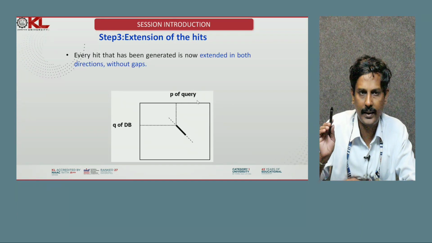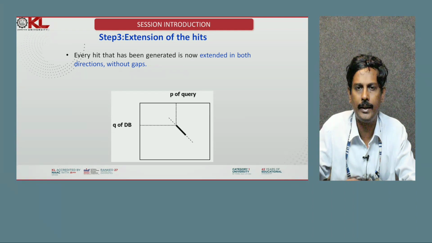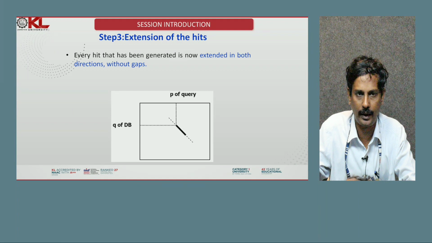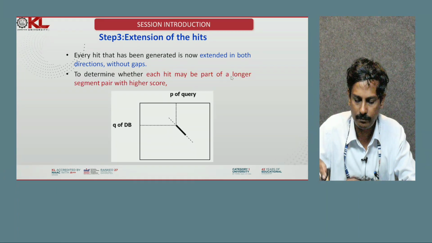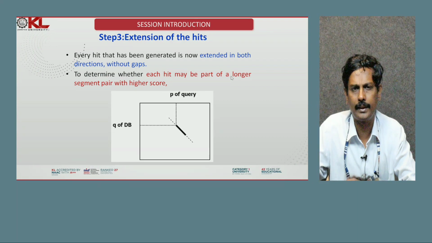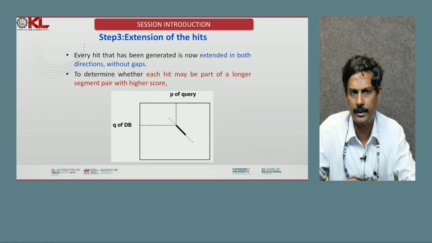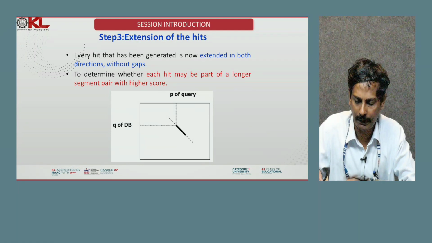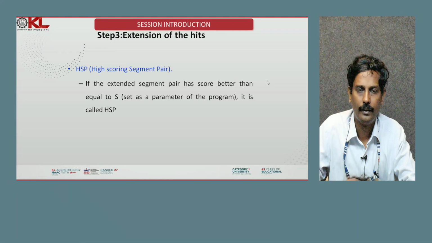Every hit that has been generated is now extended in both directions without gaps. Remember, this is without gaps, to determine whether each hit may be part of a longer segment with a high score. This is the high scoring segment pair.